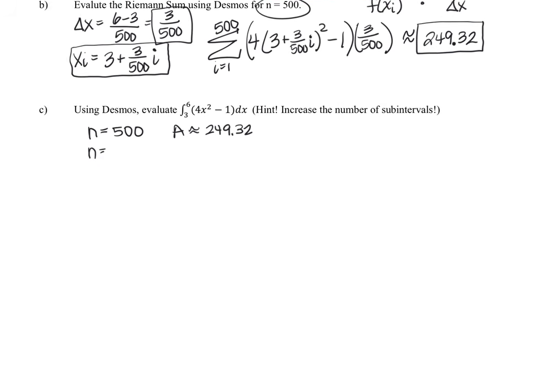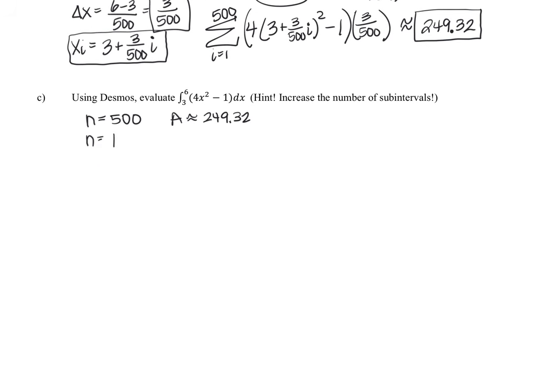So it's really up to you what increments you want to use. I might go to, let's say, 1,000 next. And then I might do a big jump and go up to 10,000 rectangles. And then maybe up to 100,000 rectangles. So you can see what we're doing here is we're letting the number of rectangles get infinitely larger.